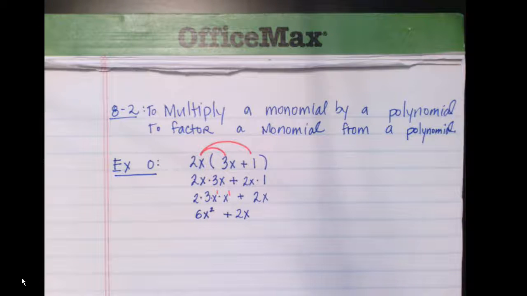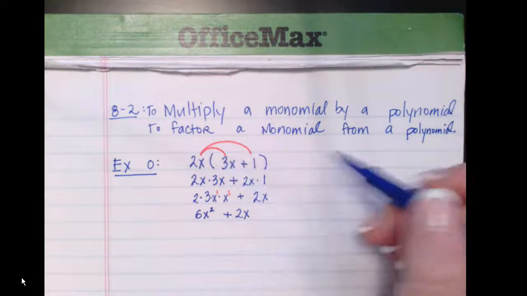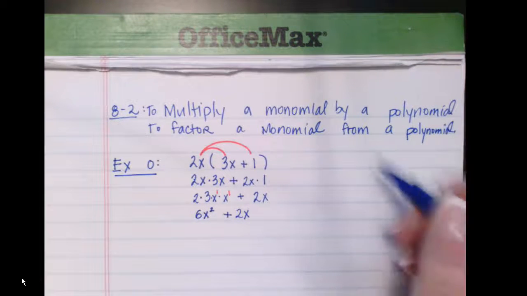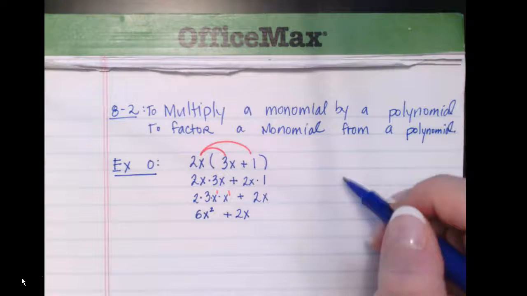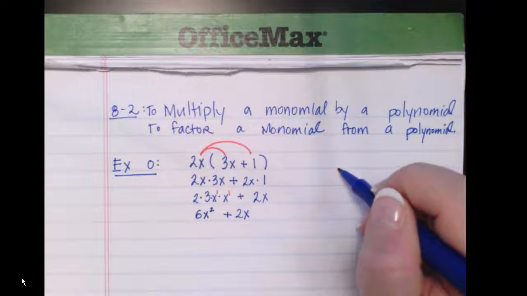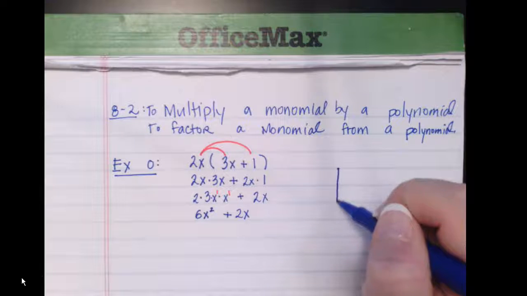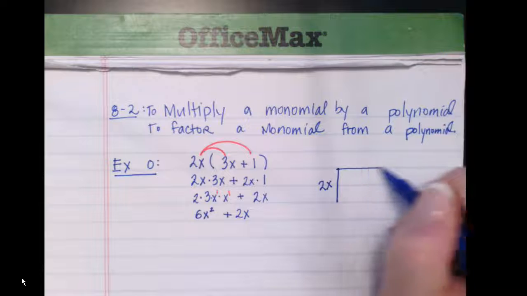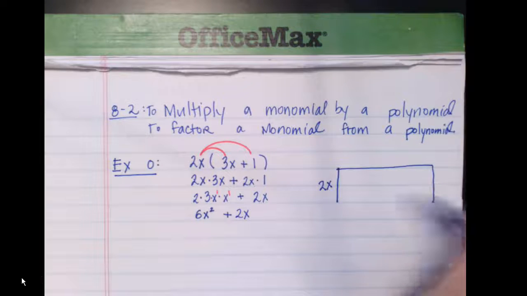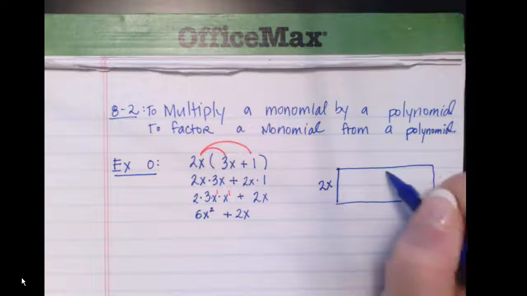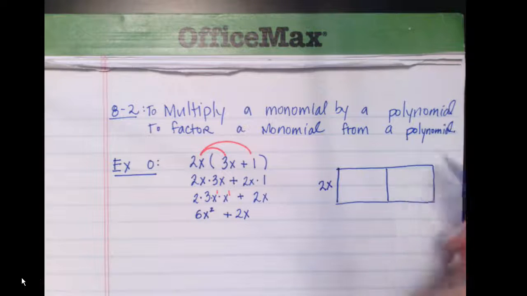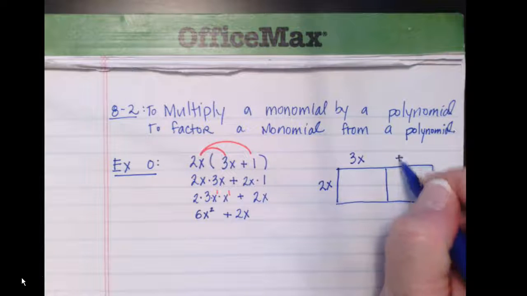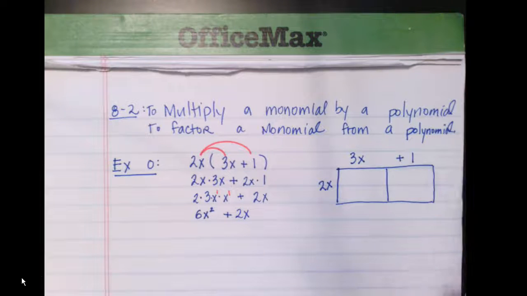So another way to think about this problem is to use something called the box method. If I've got a monomial, so that's going to be out here to the side, and I've got a binomial, I need to create a 1 by 2 set of boxes, and I could put each term above the boxes.